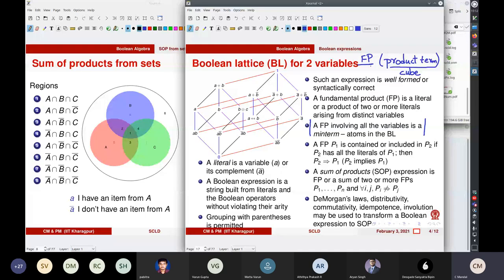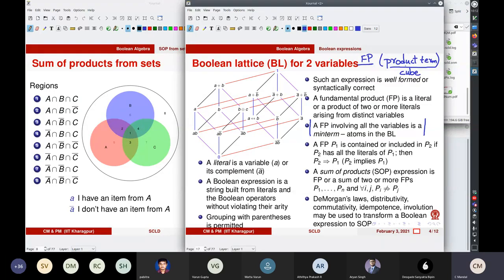It's a formal term. It's not used in practice. In practice, a fundamental product is just called a product, or it is also called a cube. We'll see why it is called a cube. There is a very obvious geometrical reason for calling it a cube. We'll see that pretty soon.